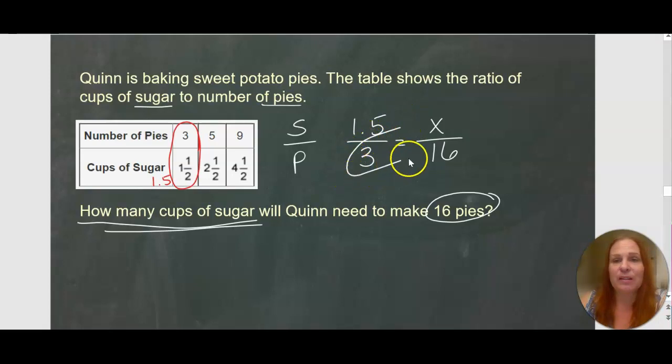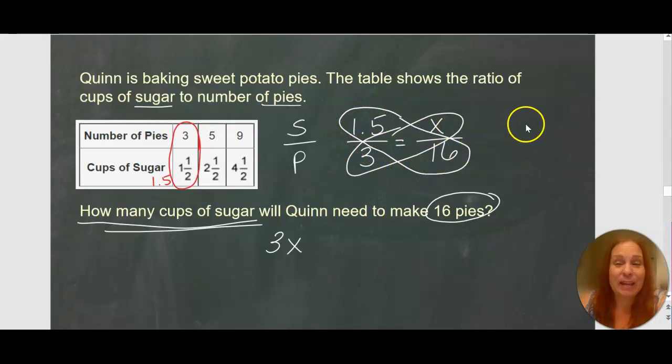We know that 3 times x would be 3x. And then we know 16 times 1.5, I think that's 24, yes, is 24.